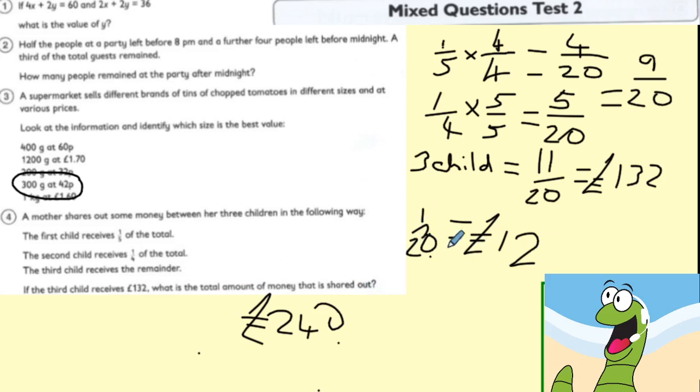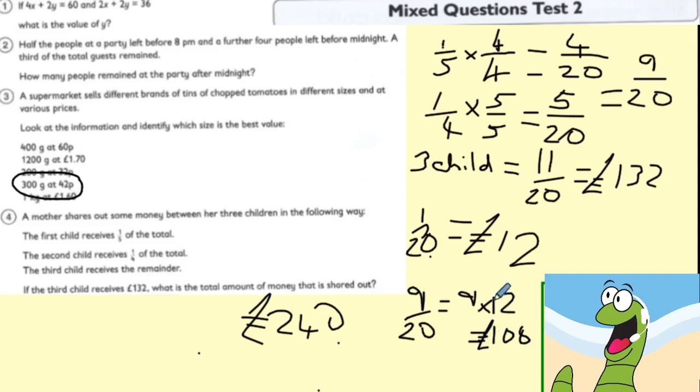Well, if 1/20 is 12, 9/20 must equal 9 times 12. We know that 9 times 12 equals 108 pounds.